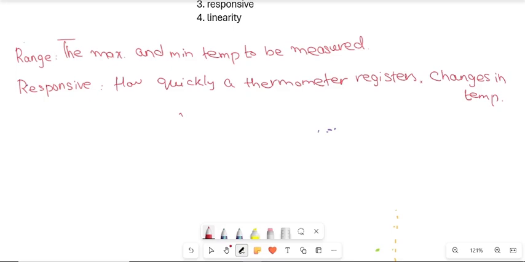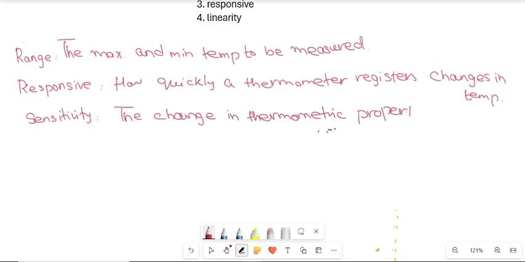Next, if we look at sensitivity. Sensitivity, the change in thermometric property per unit change in temperature.